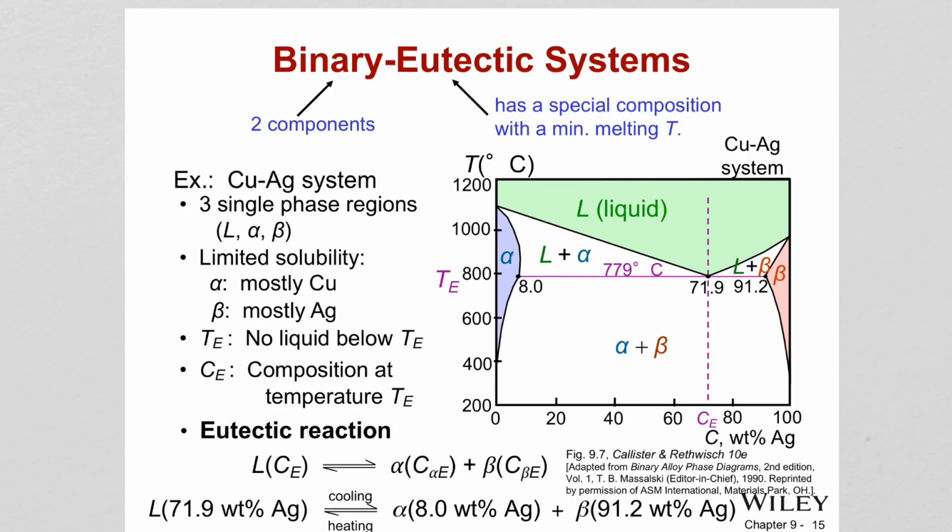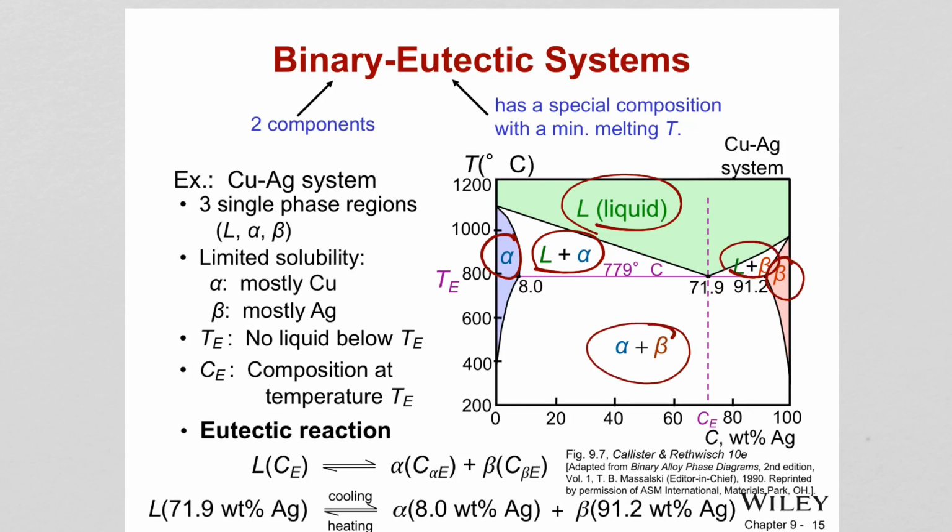If we look at the phase diagram, again as a function of temperature and composition of silver, different types of phases are available. We see alpha, liquid, beta, and in some regions, for example here, only alpha is stable. In these regions, liquid and alpha are stable together. In here, liquid and beta, and alpha and beta.